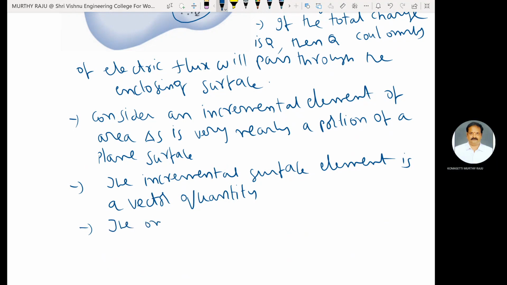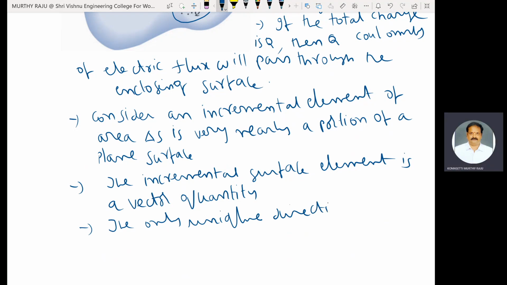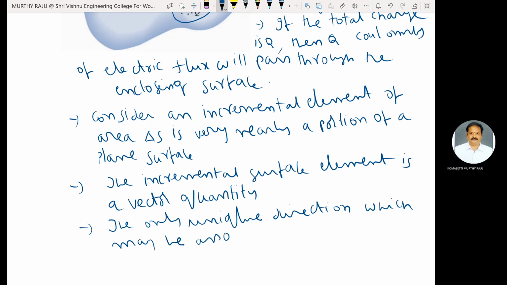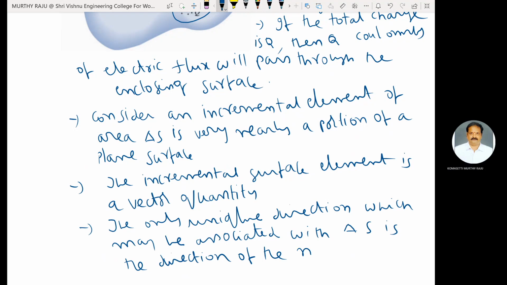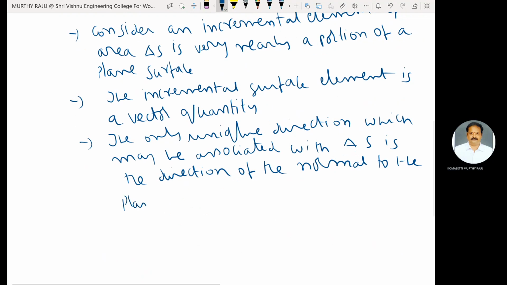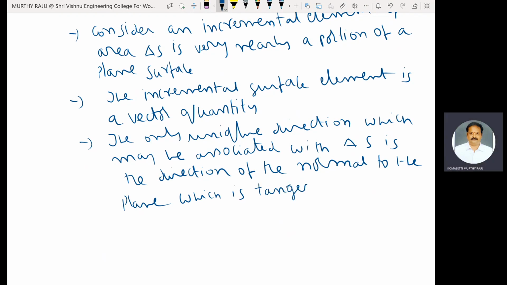The only unique direction which may be associated with delta S is the direction of the normal to the plane, which is tangent to the surface.